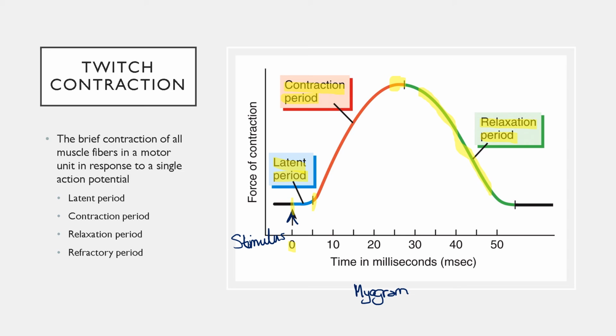Now, if two stimuli are applied, one immediately after another, the muscle will respond to the first one, but it can't respond to the second one. When a muscle fiber receives enough stimulation to contract, it temporarily loses its excitability, and it cannot respond for a period of time. This period of lost excitability is called the refractory period.